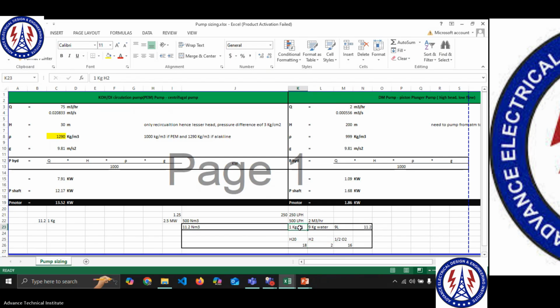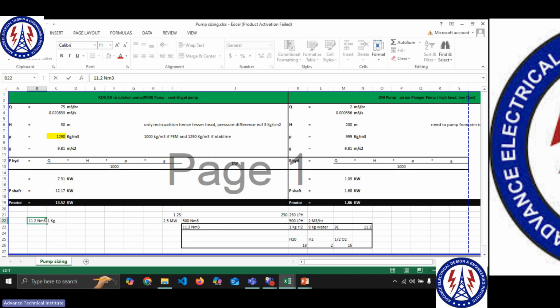Right? Theoretically, yes. So 1 kg of hydrogen is equal to 11.2 NMQ of hydrogen.